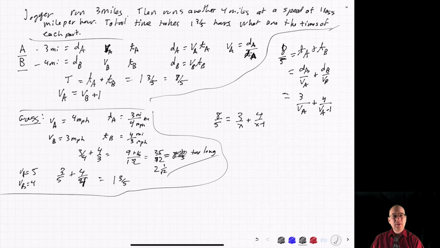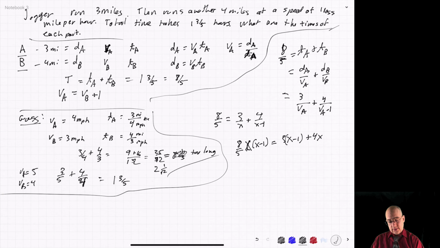So now we just multiply that all out. So 8/5 x times x minus 1, and that's equal to 3 times x minus 1 plus 4x. This is where guess and check really is kind of nice, in the sense that I didn't have to do all this algebra, which I'm sure I'm going to make a mistake with.